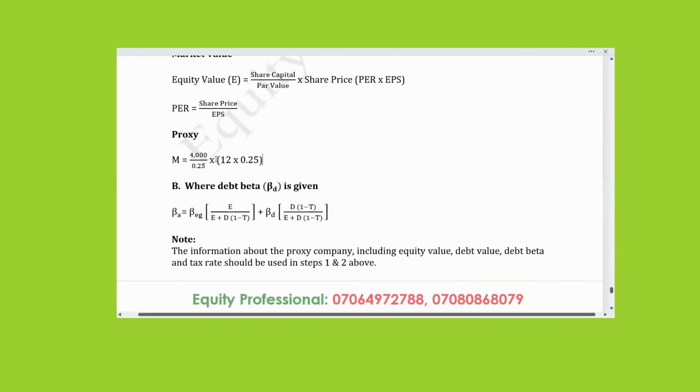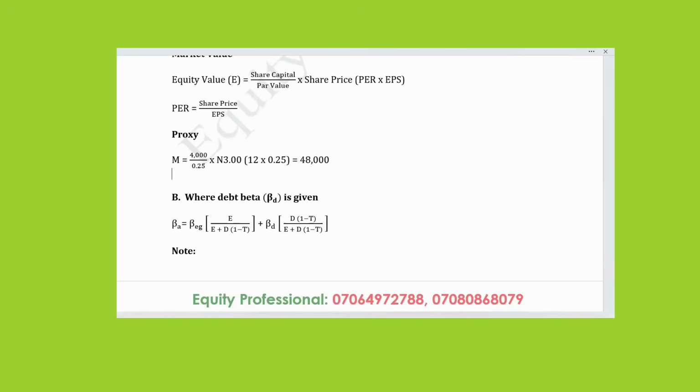When you do this, what do you have there? This will give us 3 naira. Then what do you have? 3 multiplied by 16,000. That should give us 48,000.